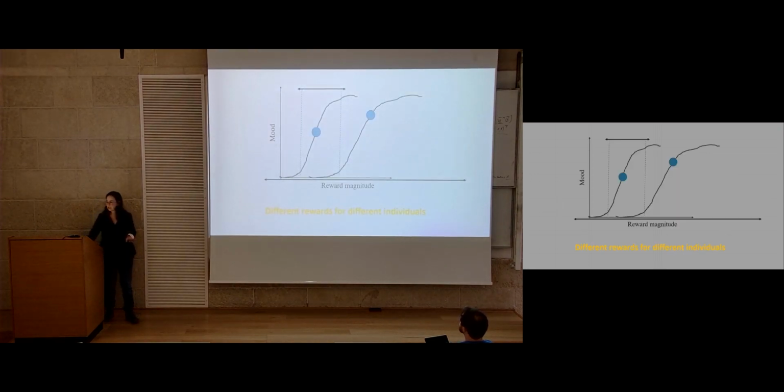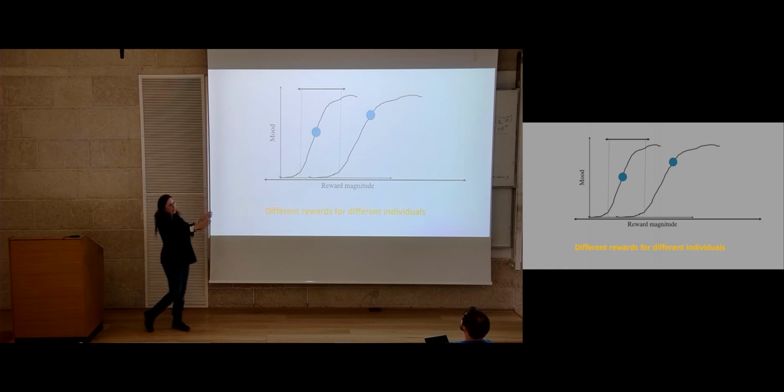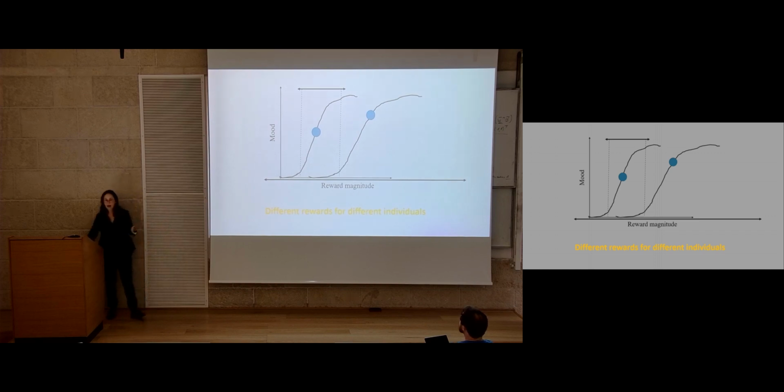And here we see an example of a typical open-loop experiment. Imagine we just create some scale of rewards, right? We predefine them before the experiment, and we have some set of values, and some individuals will be right around the sensitive range. So this is around their sensitivity response curve. But other individuals will be outside of this range.